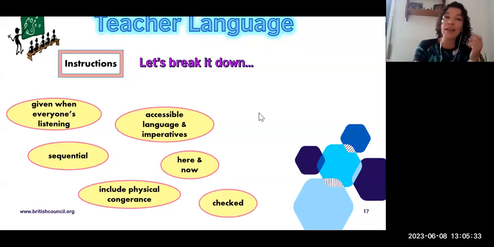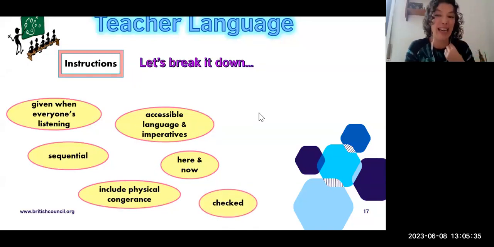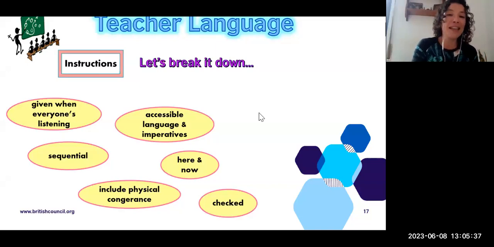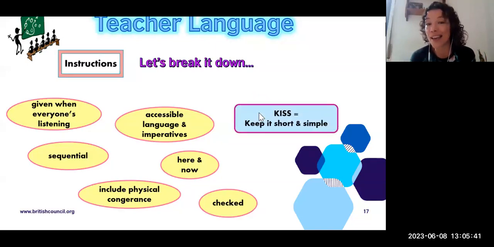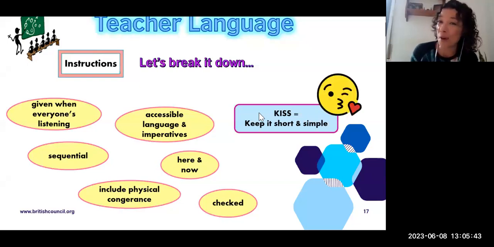And then finally, they should also be checked. And I think somebody said this as well, keep it like KISS, keep it short and simple. How do we feel about that? Yeah, absolutely. So work step by step through them. Lovely.